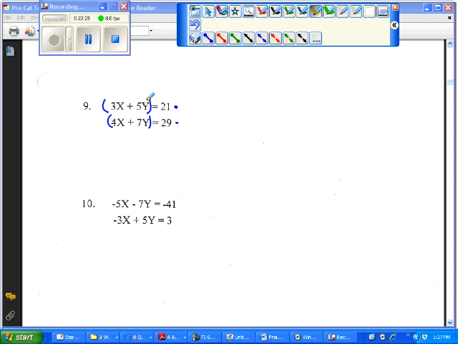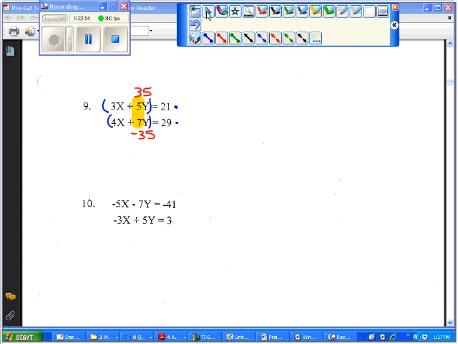If we want to cancel out our y's, then we need to change the 5y and 7y to additive inverses. So we think, what's the smallest thing 5 and 7 will both go into? Like the least common multiple, which would be like the common denominator? 35. And we need to produce a positive that and a negative that.